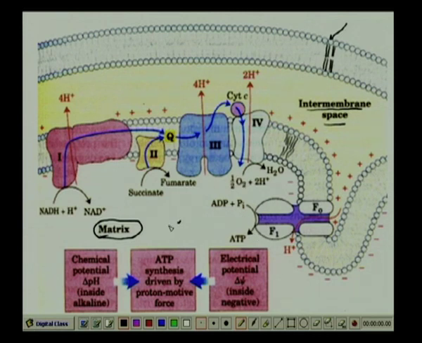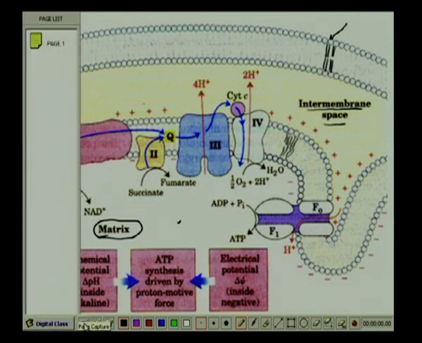Okay? Now, we are going to look at each of these complexes and see what it actually does. There are certain reactions associated with each of these complexes, eventually giving you sufficient H plus concentration in the intermembrane space that is going to result in ATP synthesis. Okay?